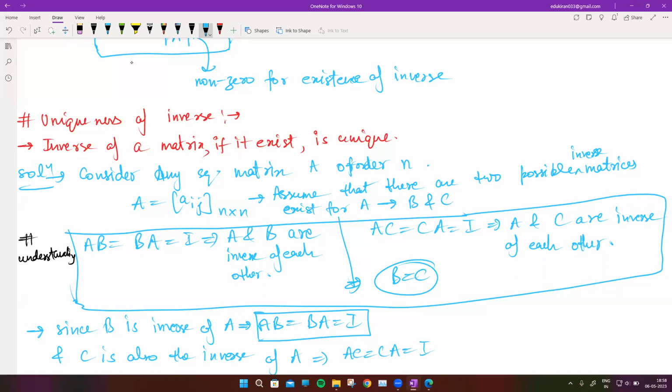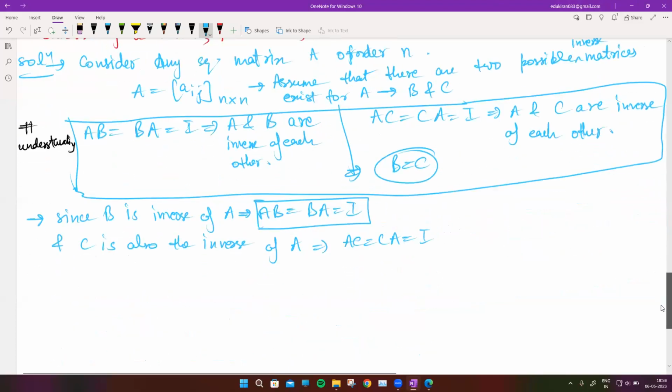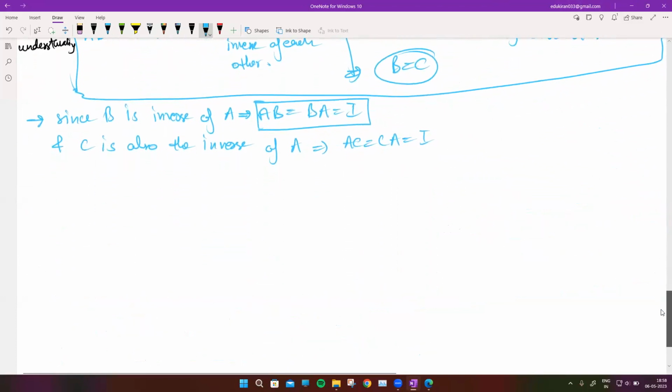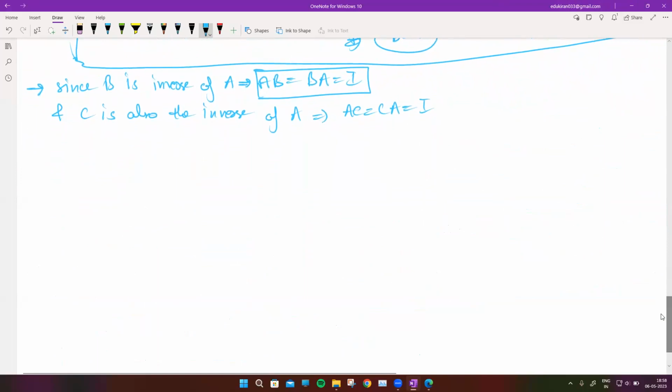Now, let's start from here. We know these two results, that AB is equal to BA is equal to I, because A and B are inverse of each other.